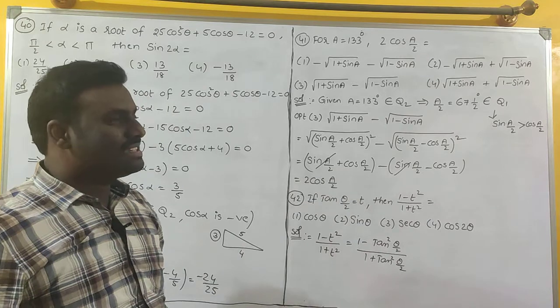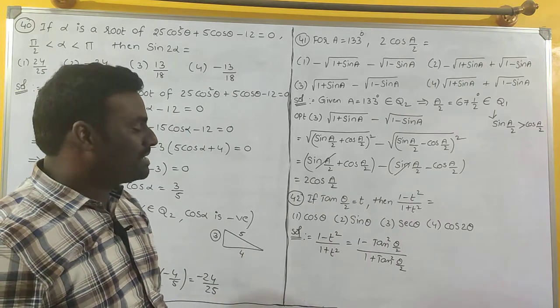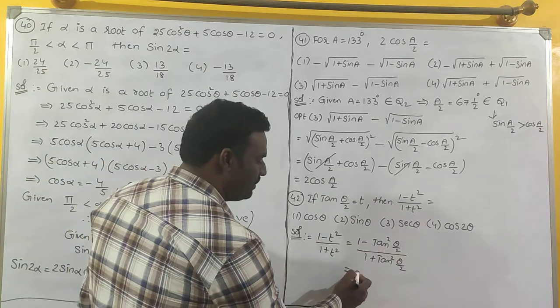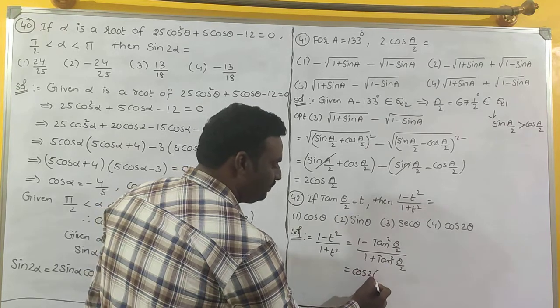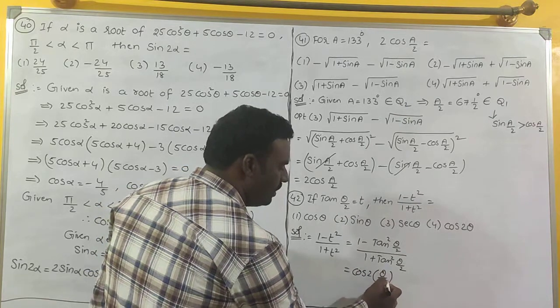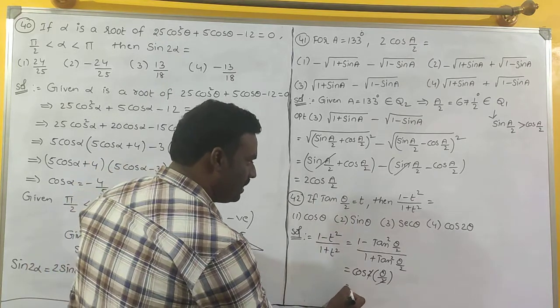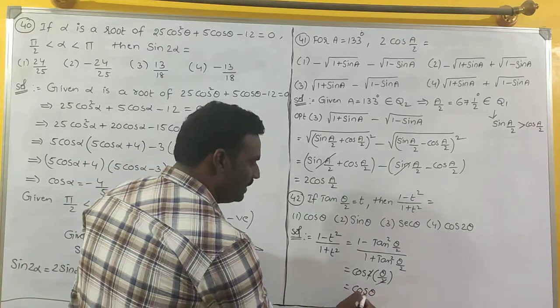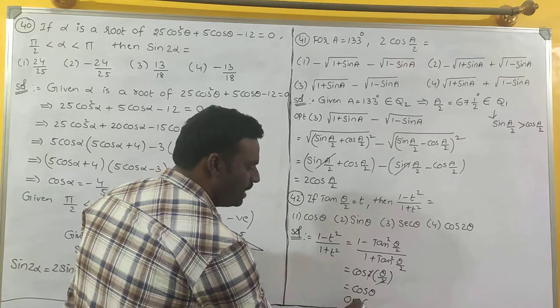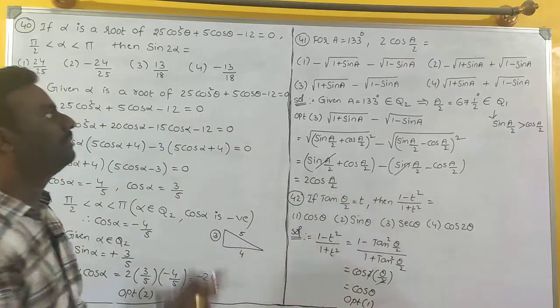Now 1 minus tan square theta by 1 plus tan square theta is nothing but cos 2 theta. Now here 2 gets cancelled. What is remaining? Cos theta is remaining. That is nothing but option 1 is the correct answer.